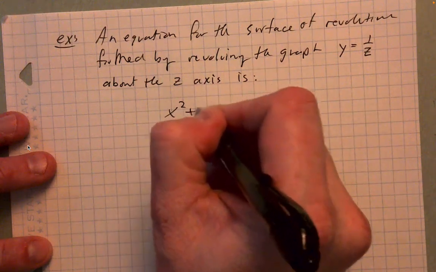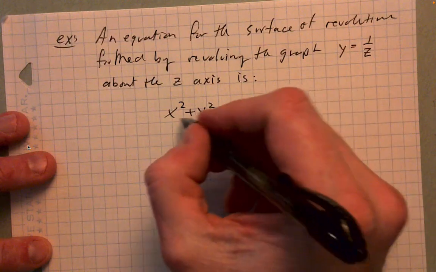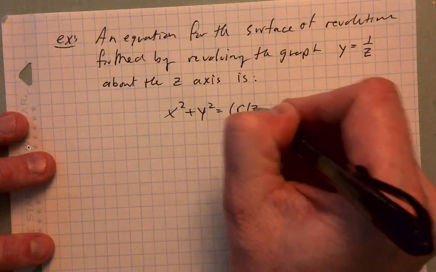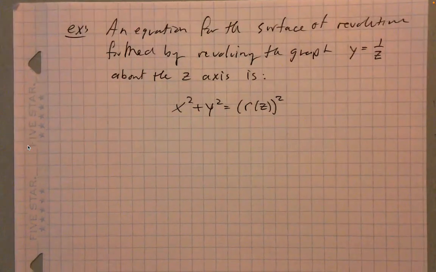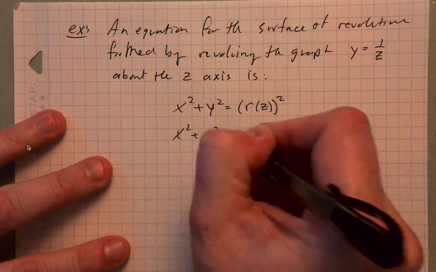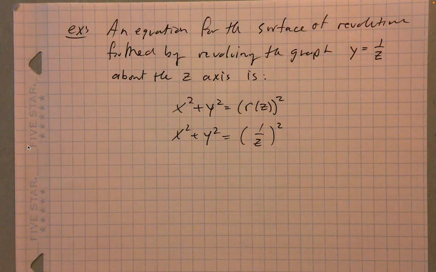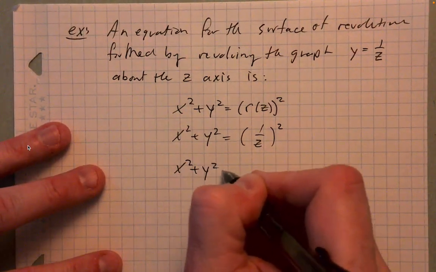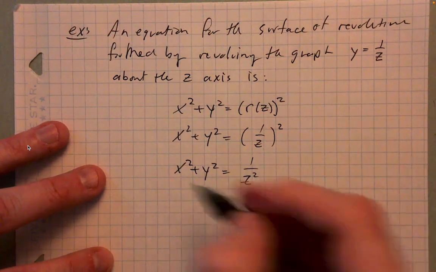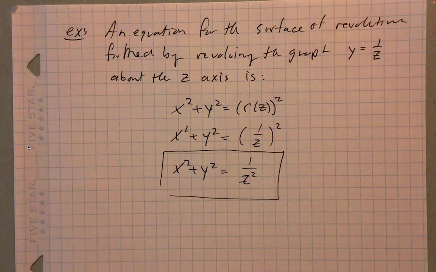Because we're rotating about the z-axis, it's going to be x squared plus y squared equals r of z squared. R of z is just given, that's y equals 1 over z. So this is x squared plus y squared equals 1 over z squared. In this case, this would be the equation of the graph of this surface.